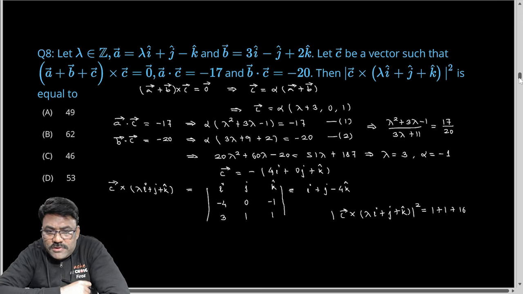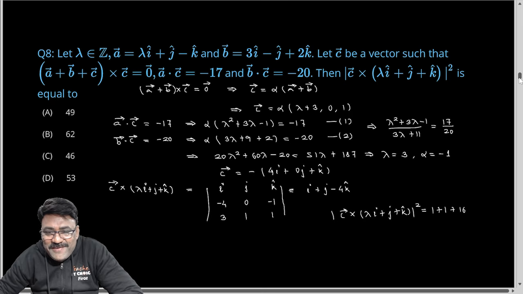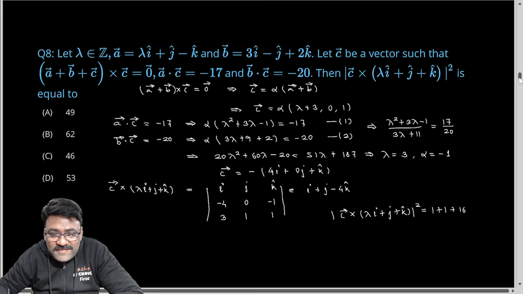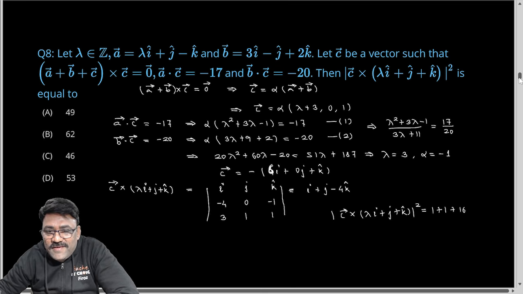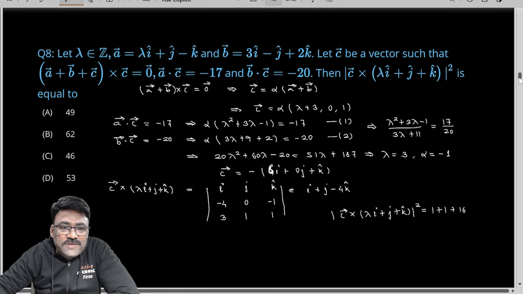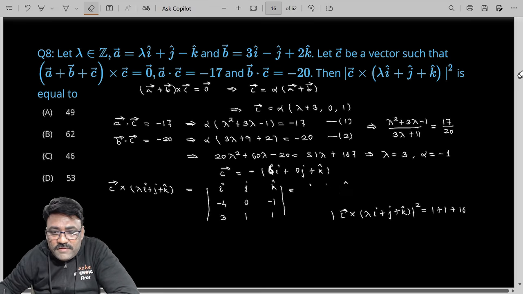Means I have done some calculation error. Let me check. C vector is alpha, and alpha is minus 1, times lambda plus 3. Lambda plus 3 will be 3 plus 3, 6 actually here.